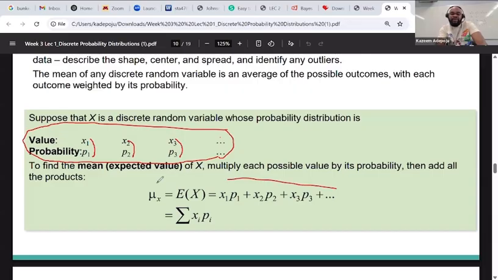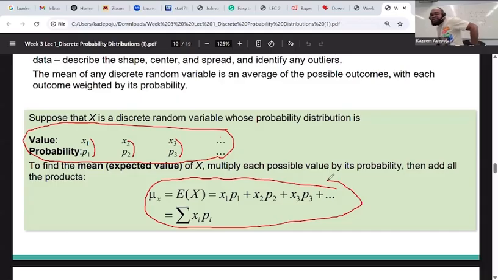If you take a look at what we're doing here, this formula is telling us to figure out the mean of X. For instance, the other time, if you look at the question we solved about the number of women, what if we want to figure out the average number of women? In a probabilistic world, we normally focus on the average.